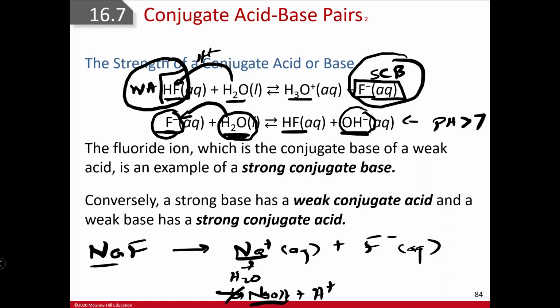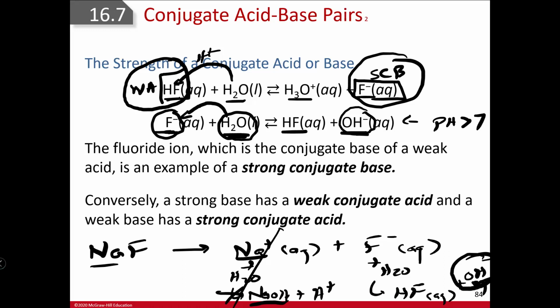But the fluoride ion, we just saw fluoride does react with water and forms the weak acid, hydrofluoric acid, because it's a weak molecular acid, plus the hydroxide ion, aqueous. So it makes a basic solution. So when we put sodium fluoride in water, it is going to make a basic solution, a pH greater than 7.